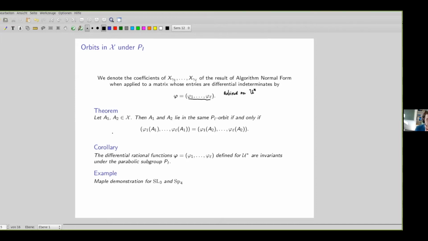Then we can prove the following theorem. Taking two elements of the subset mathcal X, they lie in the same parabolic orbit if and only if the differential rational functions phi coincide for these two elements.